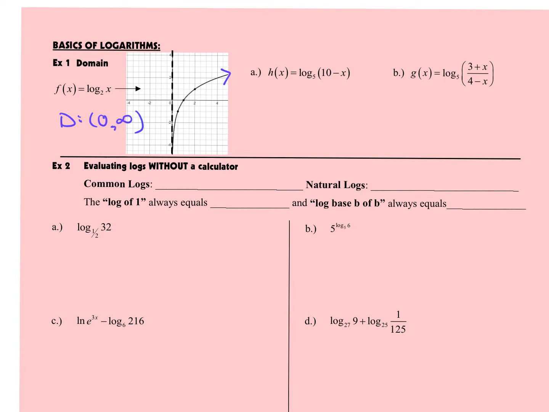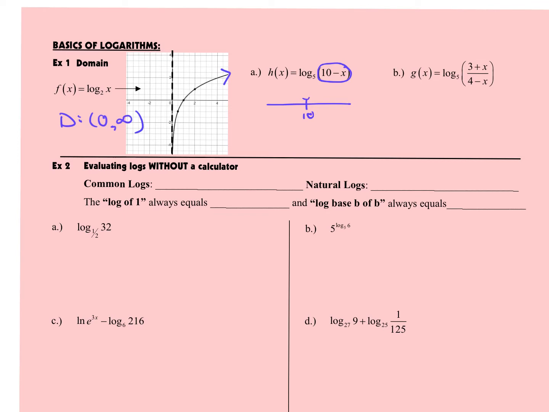Jumping over here, we're just going to do a couple quick examples. We've done a lot with domain, so adding in logarithms shouldn't change a whole lot for us. We're going to look at this argument. That's the part we're concerned about. That's going to create a restriction. We'll go ahead and mark on the number line where that argument equals 0. That'll be 10.